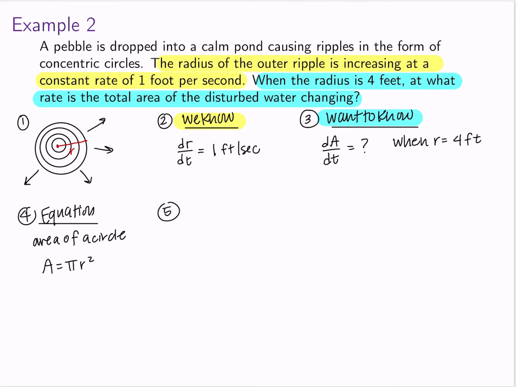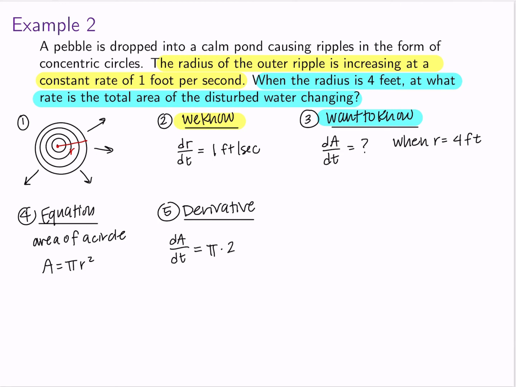All right, step 5 says find the derivative. We need something that relates these rates together. So if I take the derivative of A equals pi r squared, I'm going to start at the left. The derivative of A, of area, with respect to time is dA dt equals, pi is a constant, so I'm just going to write it down. And then what's the derivative of r squared with respect to t?